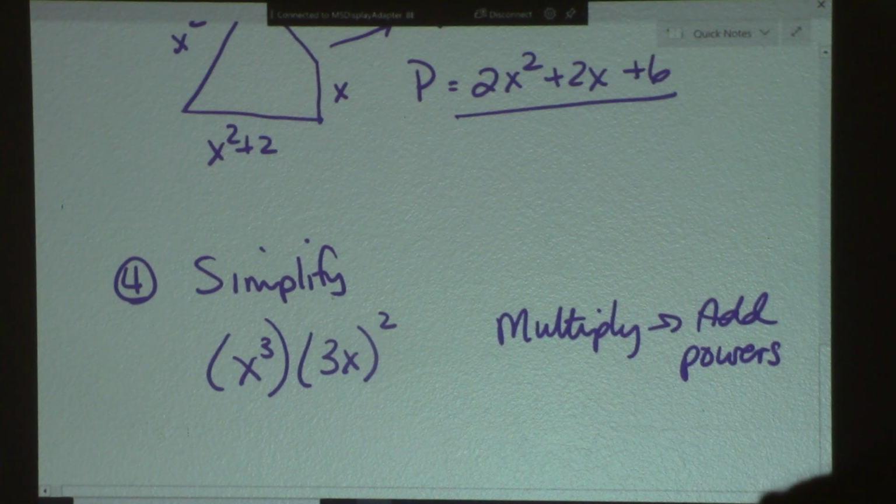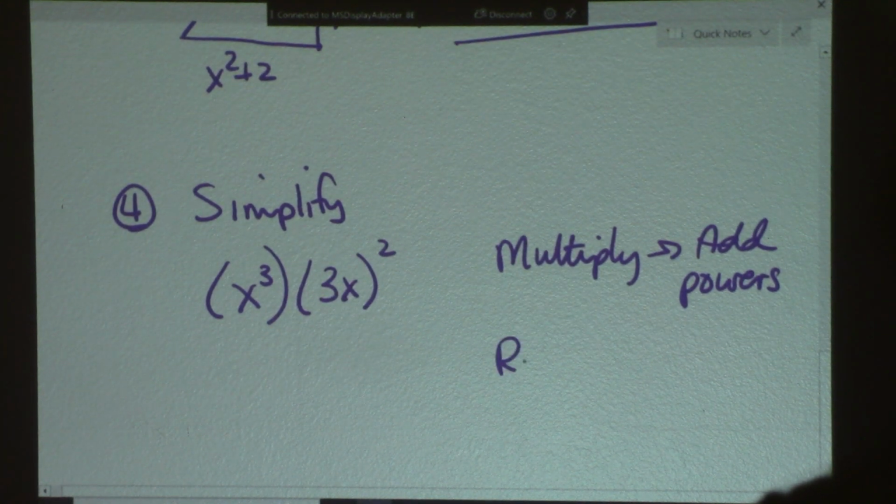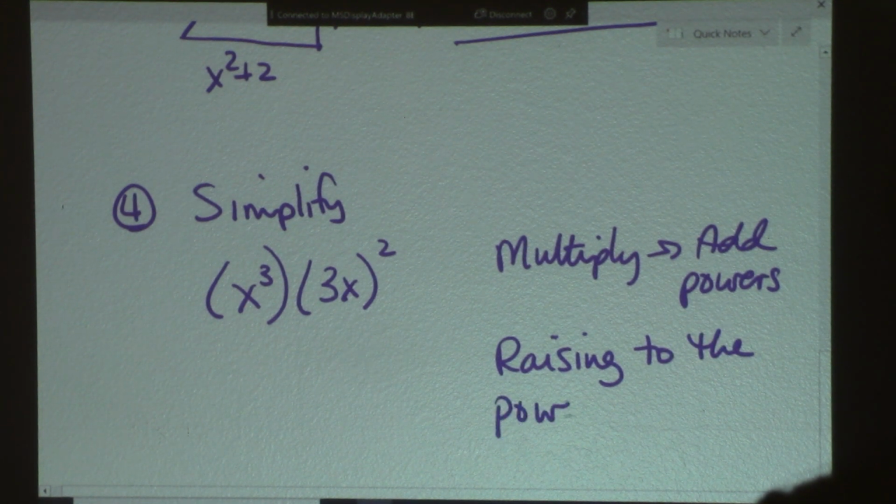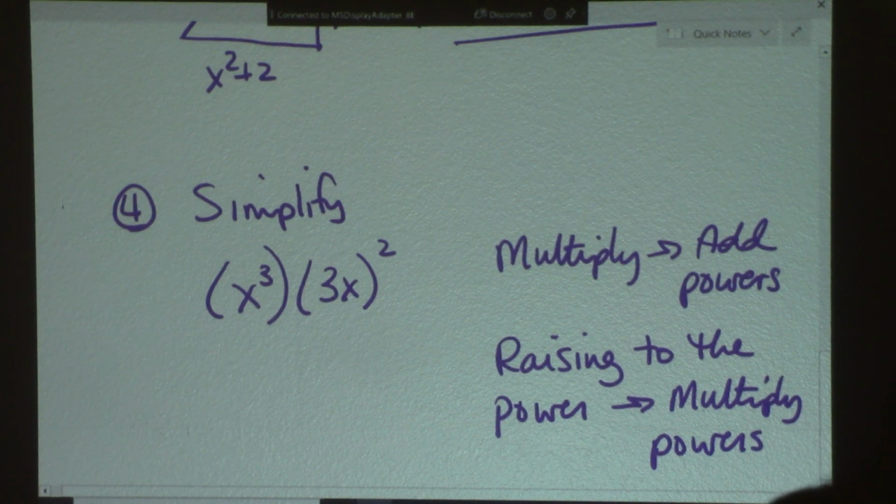When I am raising to the power, I multiply powers. Okay, I'm just putting that there. We'll get more into that in a few minutes.